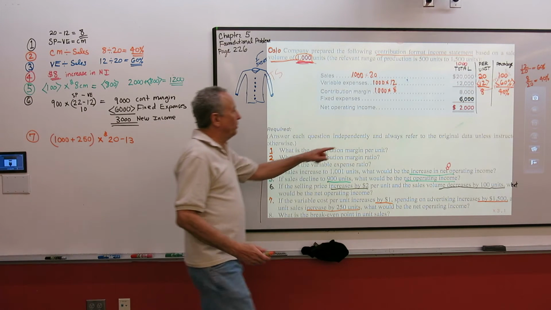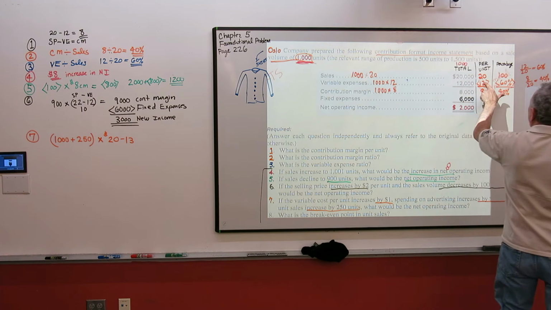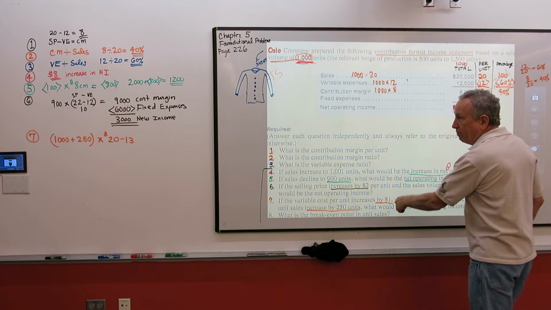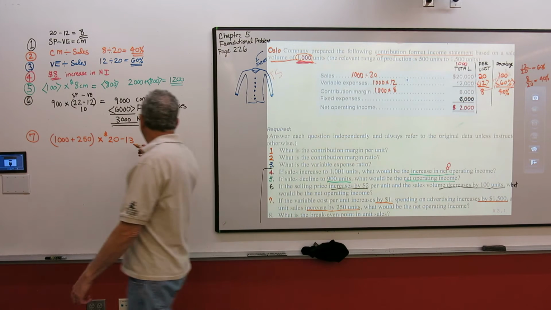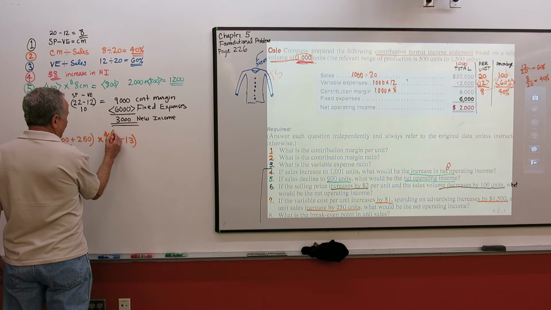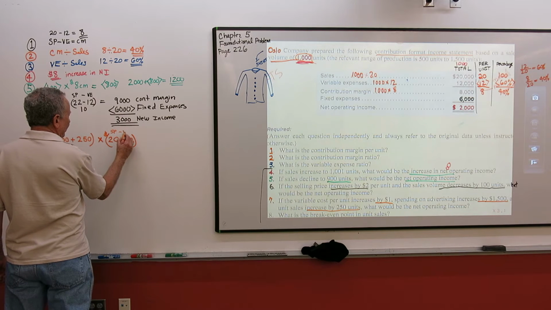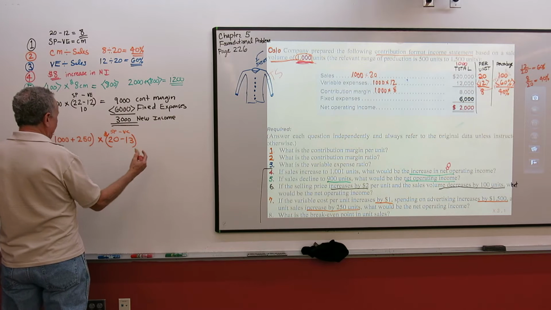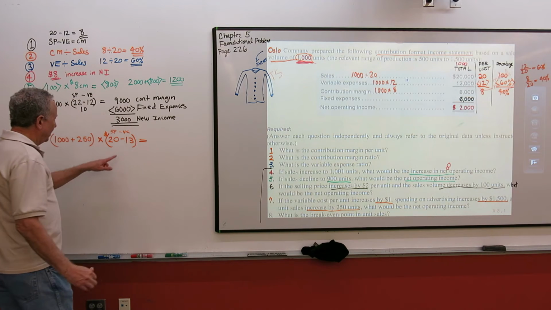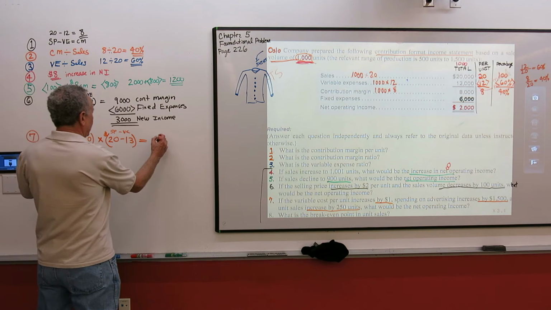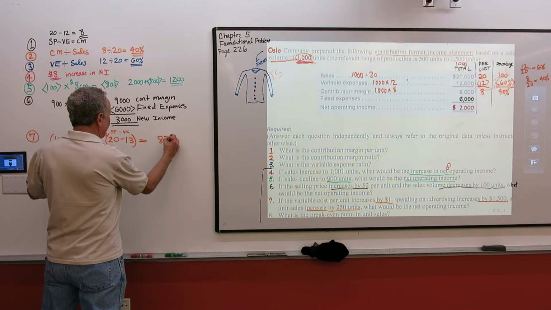Remember we said the old cost of the shirt was 12, but it's now going to be 13 because we're going to add the better cotton. So this is going to be the new contribution margin, 20 minus 13, selling price minus variable cost. And that's going to be $7, I think it's going to be $8,750.